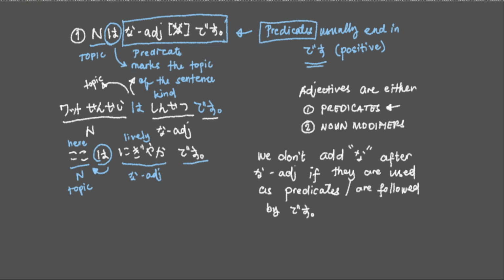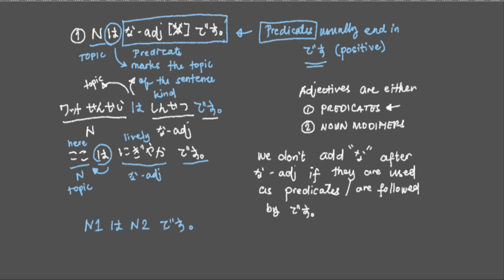If you remember our very first grammar point, noun 1 wa noun 2 desu. For example, I am a teacher. Watashi wa kyoshi desu, or watashi wa sensei desu, right? Kyoshi is teacher, but if you're referring to yourself, you say I am a teacher.